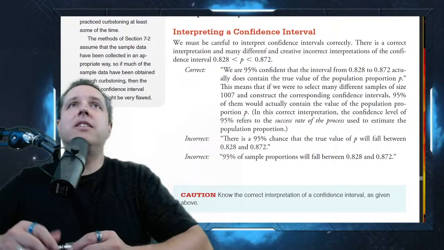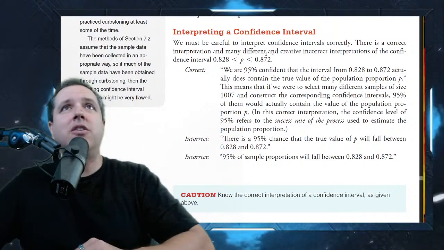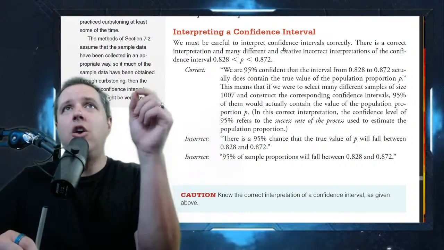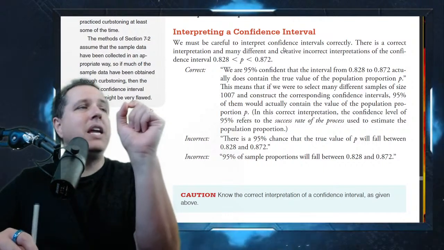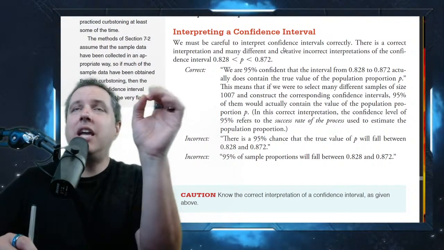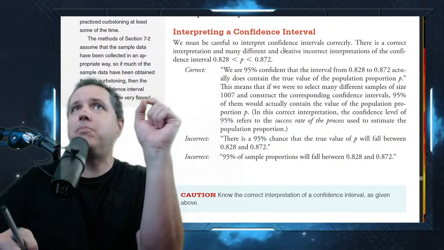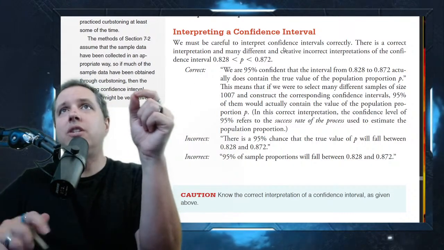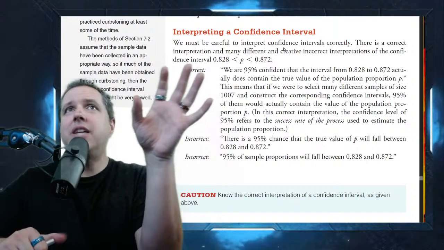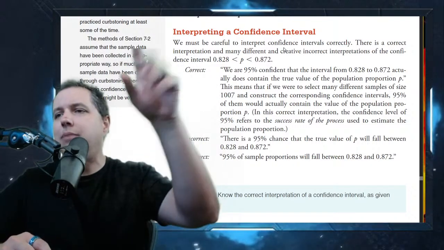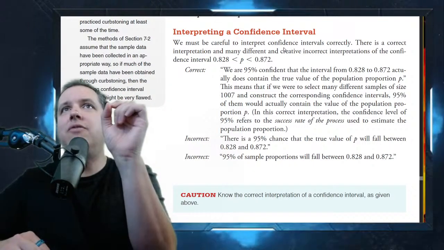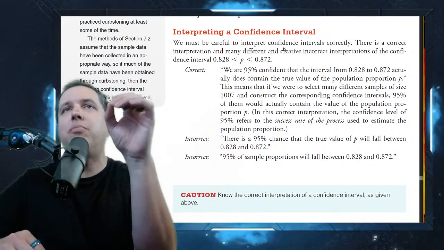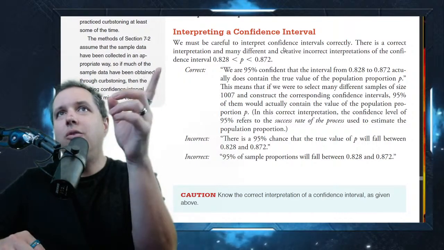So here's how we could say this. Let's say we found a 95% confidence interval that's between 0.828 and 0.872. We can say we are 95% confident the interval from 0.828 to 0.872 actually does contain the true value of the population proportion P. This means that if we were to select many different samples of size 1007, because that was the sample size for this problem, and construct the corresponding confidence intervals, 95% of them would actually contain the value of the population proportion P, and 5% wouldn't.